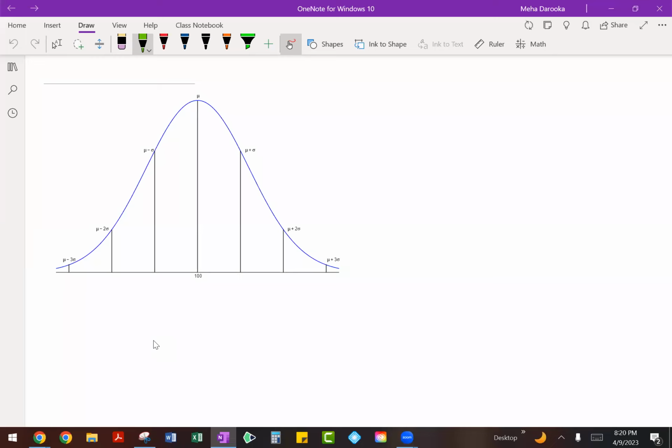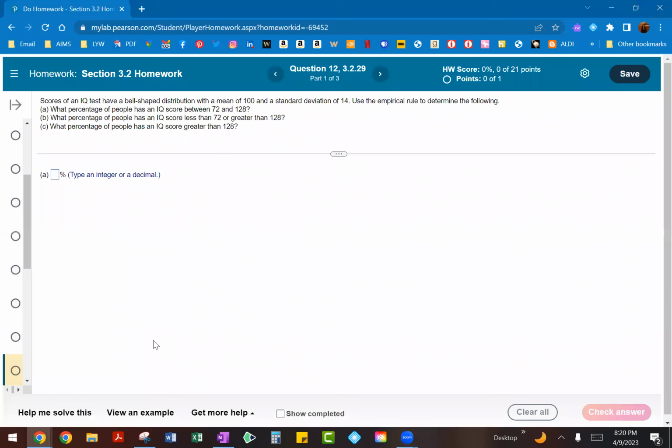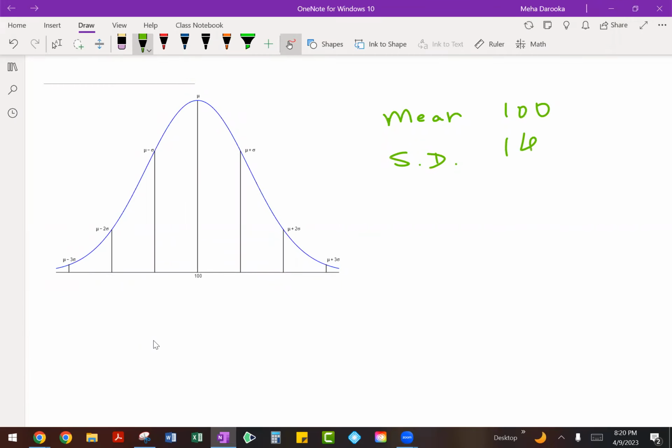So again, let's go ahead and write down our mean is 100 and our standard deviation was 14. Remember, right in the middle is going to be your mean.